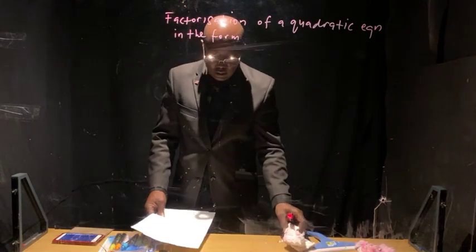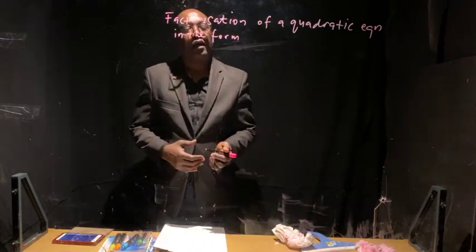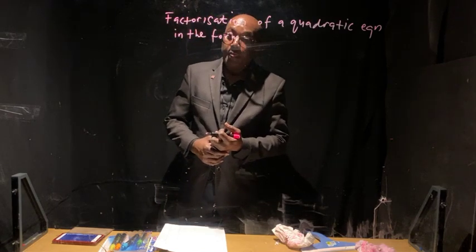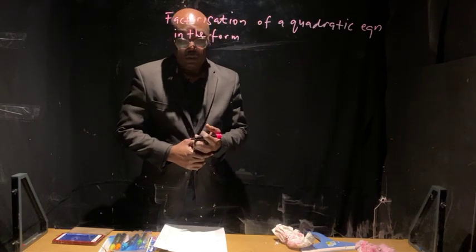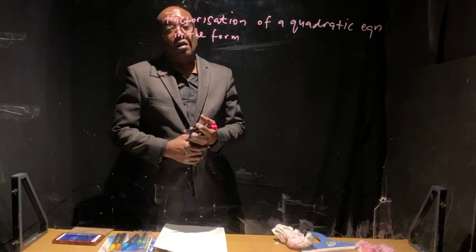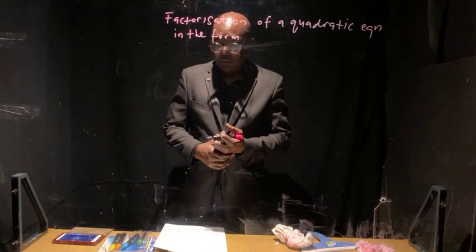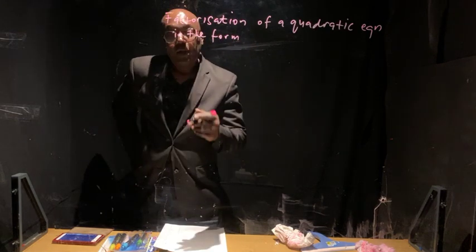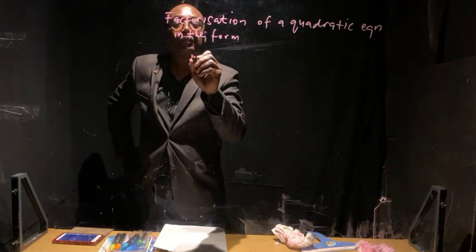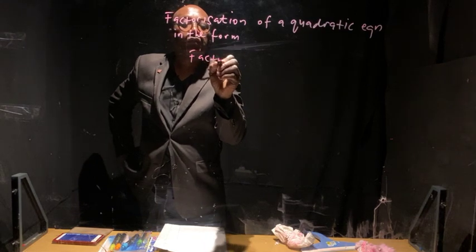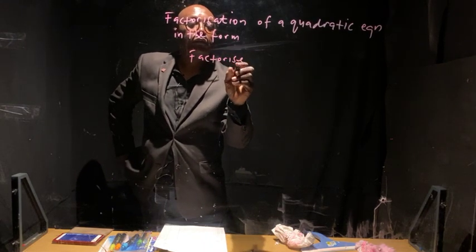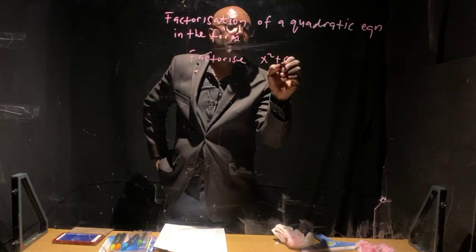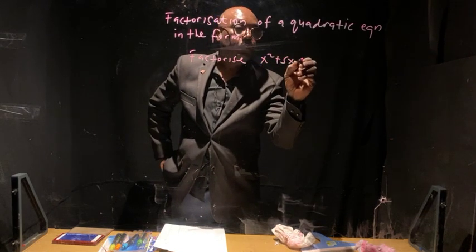The next question is just a recap of what you already know from GCSE or O levels, ordinary level. Factorize x squared plus 5x plus 6.